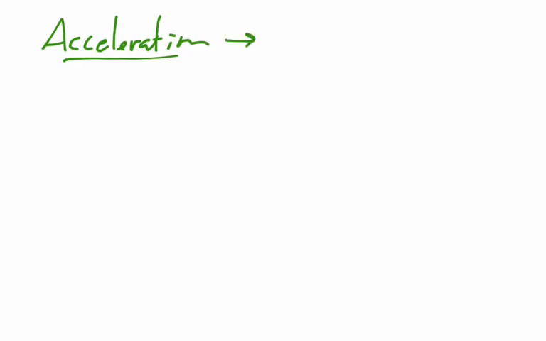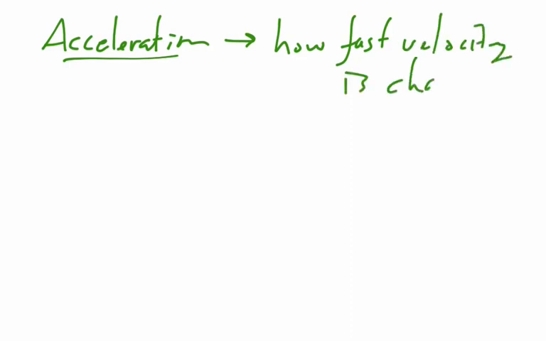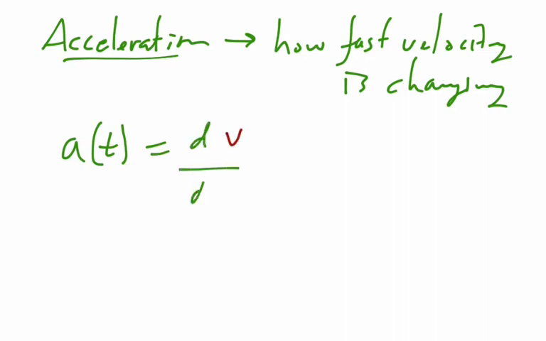And so acceleration is how fast your velocity is changing. And again, calculus has a really nice way of denoting this. The acceleration is going to be equal to the change in velocity over the change in time, and this ends up being the derivative of velocity. So it's pretty straightforward in terms of how you find them given formulas.